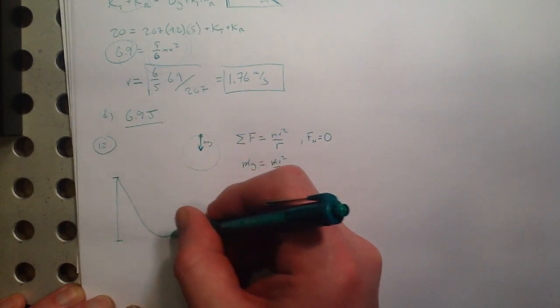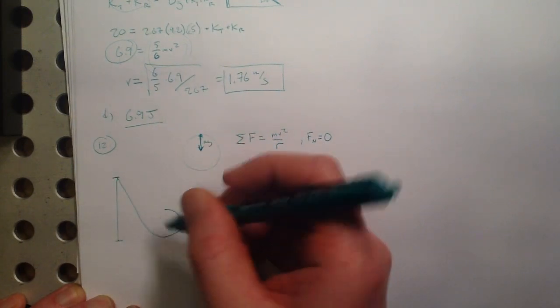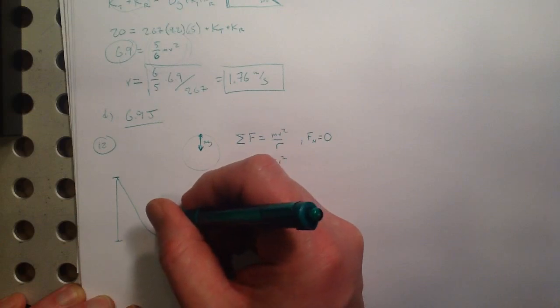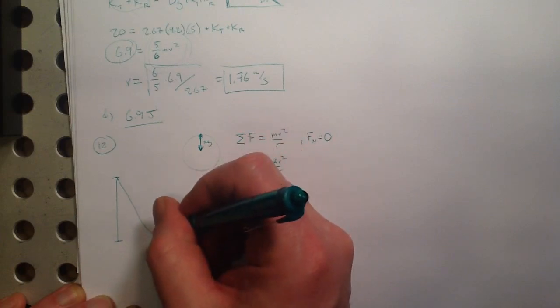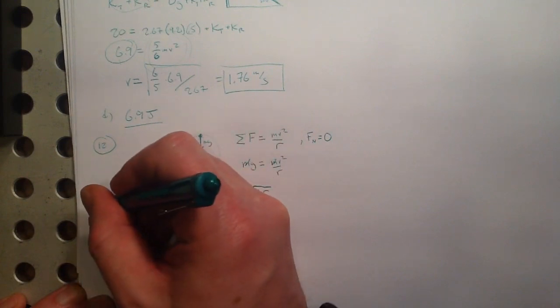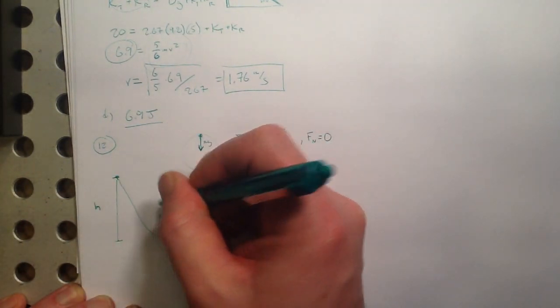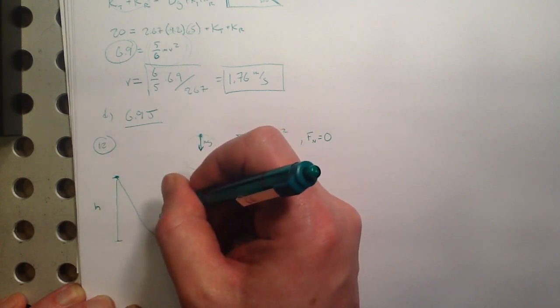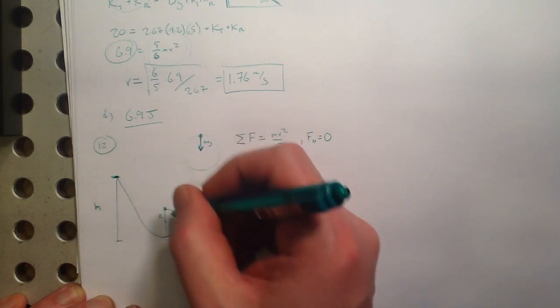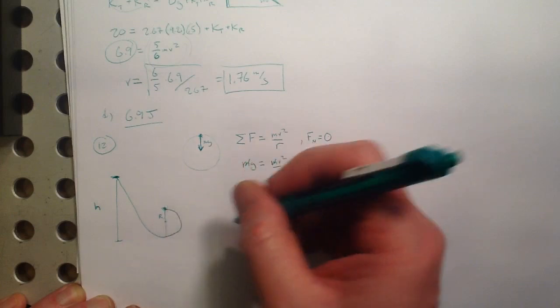Roll down the ramp, around the loop, up to here. So that's R. Of course, that's also R. And this is a distance h. So the change in its potential energy from here to here is the change in height, so it's h minus 2R.